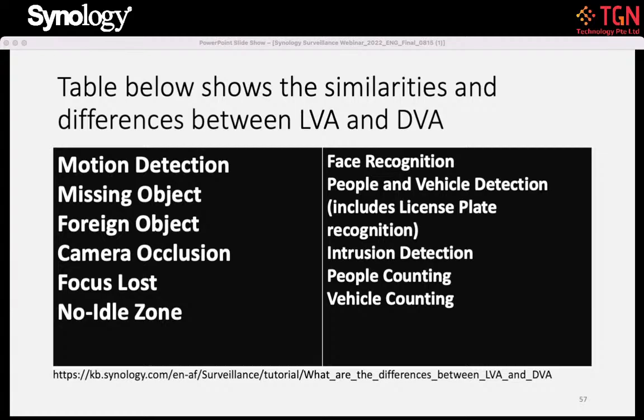So if you do decide that you want to explore the DVA, or if you have a potential customer who may be interested in the DVA, please reach out to a supplier, and make sure that you do the proper pre-sales and that the sizing is as per what you need.